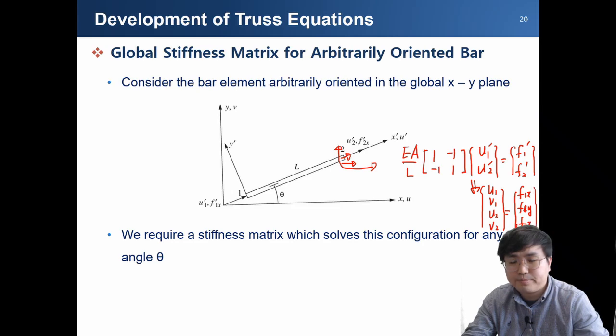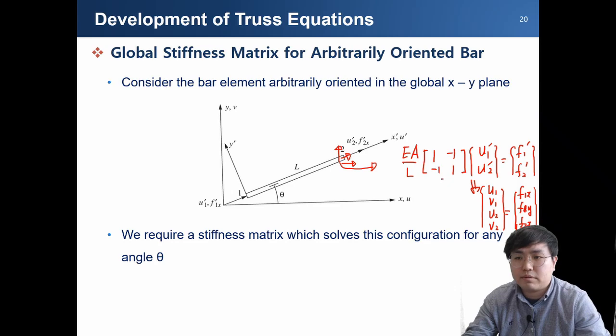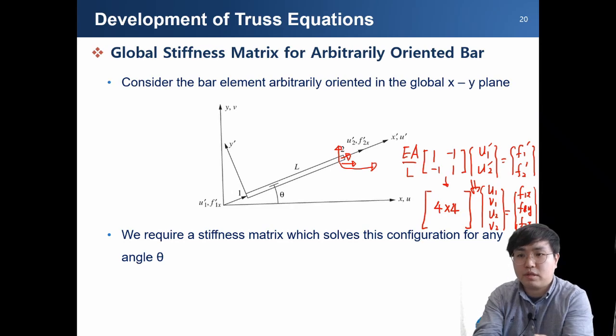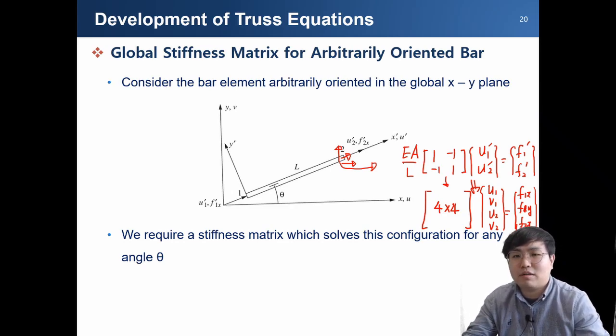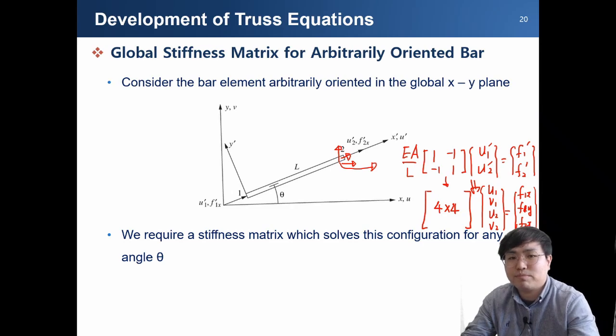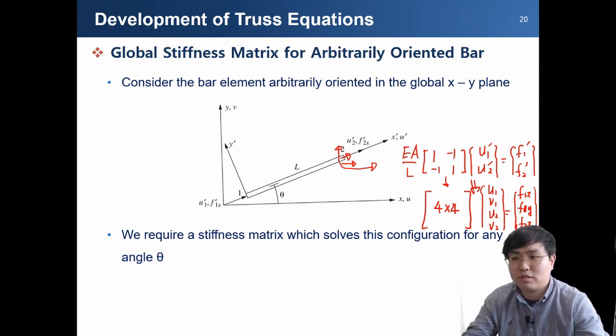That means this 2x2 local stiffness matrix must become a 4x4 matrix. Our purpose today is to derive the transformed stiffness matrix from the local coordinate system to the global coordinate system.